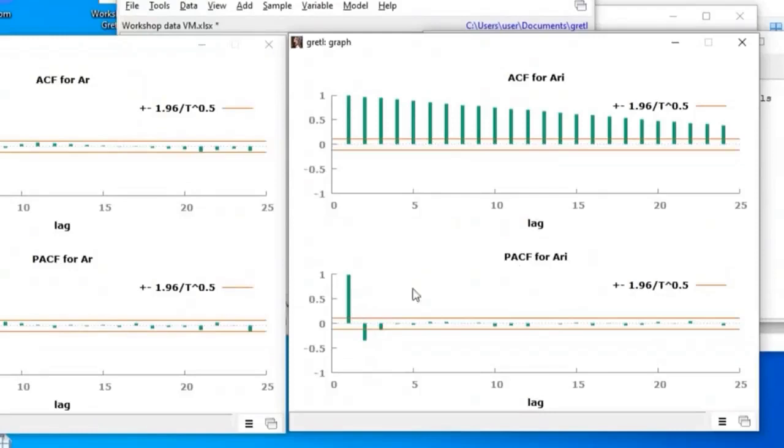But because of the sampling error, it can so happen sometimes. That is why earlier I told you the correlogram is not very definitive in many respects. So we have to go for the unit root test.